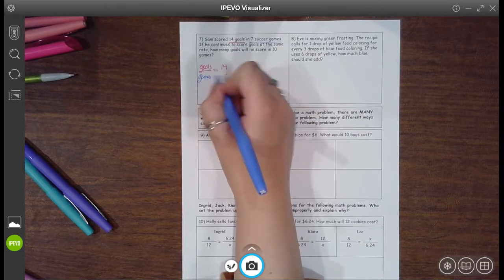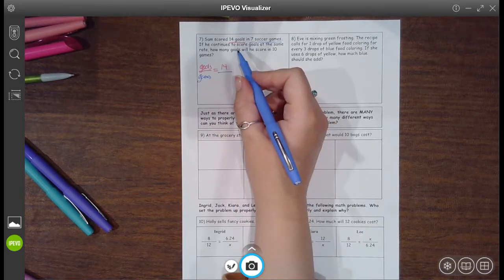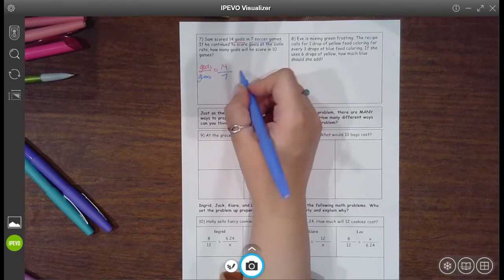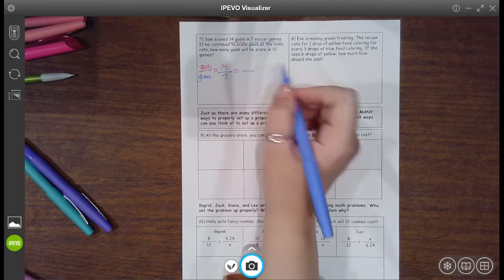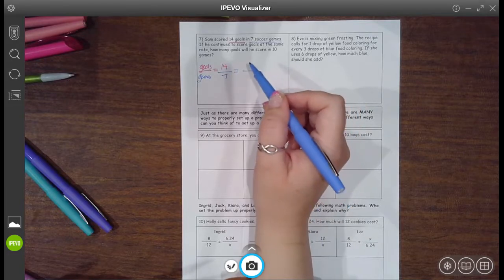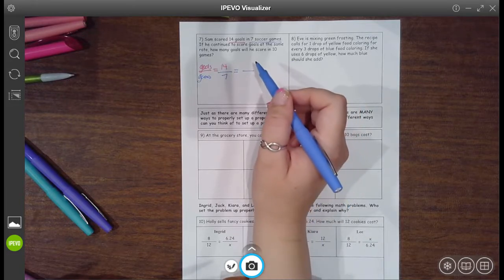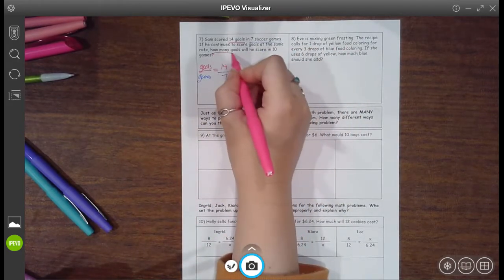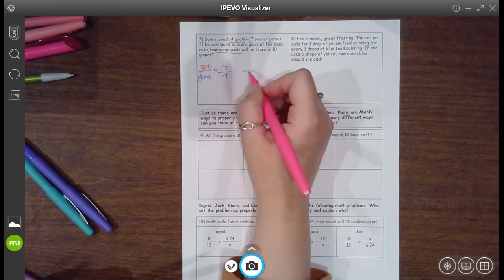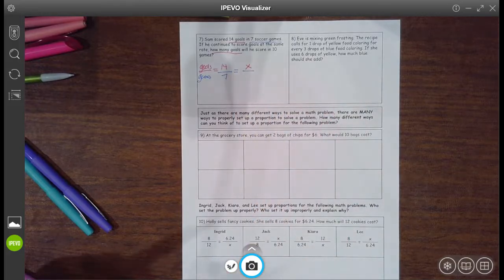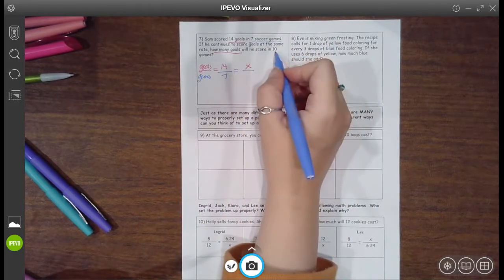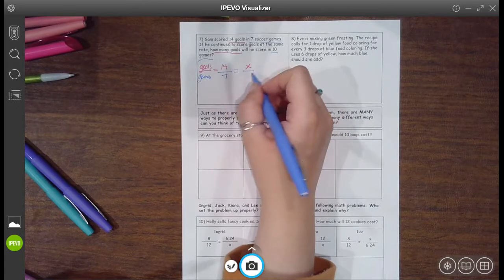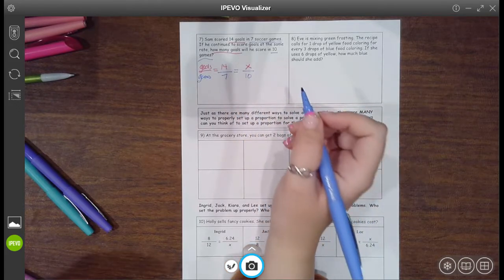So goals per game. He scored 14 goals in 7 games. The next sentence says, if he continues to score at that same rate, how many goals? We don't know how many goals, so that's my variable, and goals is on the top. Will he score in 10 games? Well, 10 games is on the bottom, so 10 goes here.